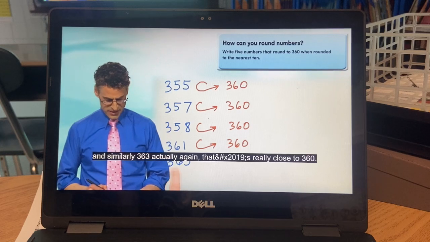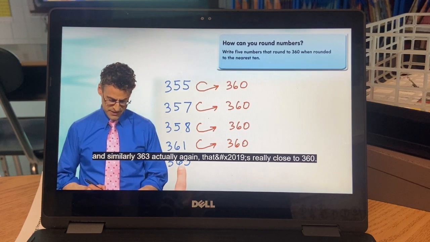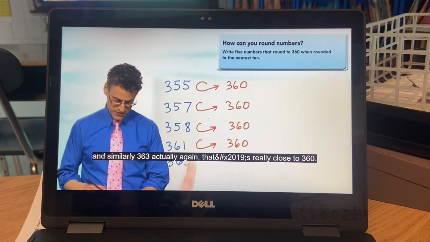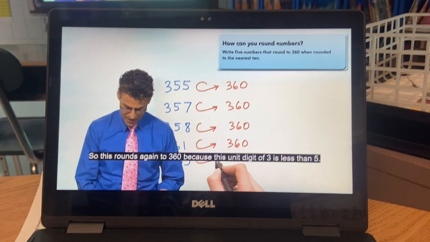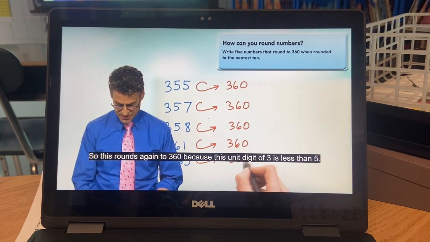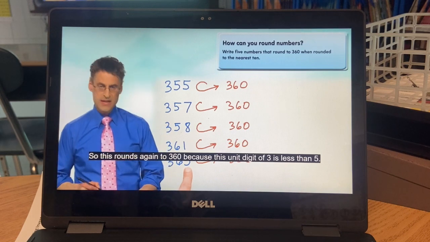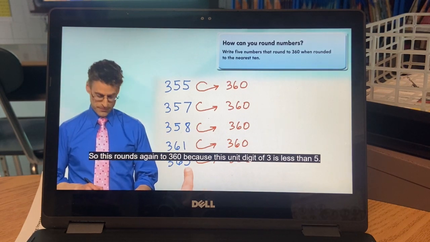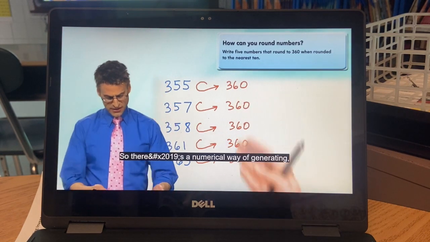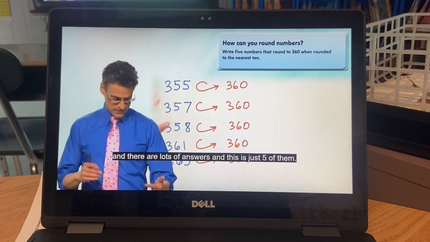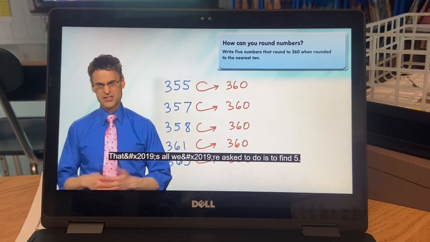And similarly, 363, again that's really close to 360, so this rounds to 360 because this unit digit of 3 is less than 5. Okay, great. So there's a numerical way of generating them, and there are lots of answers, and this is just 5 of them. That's all we have to do, is to find 5.